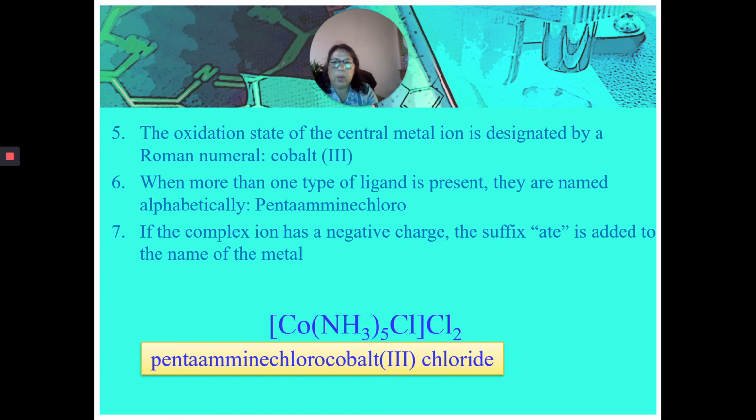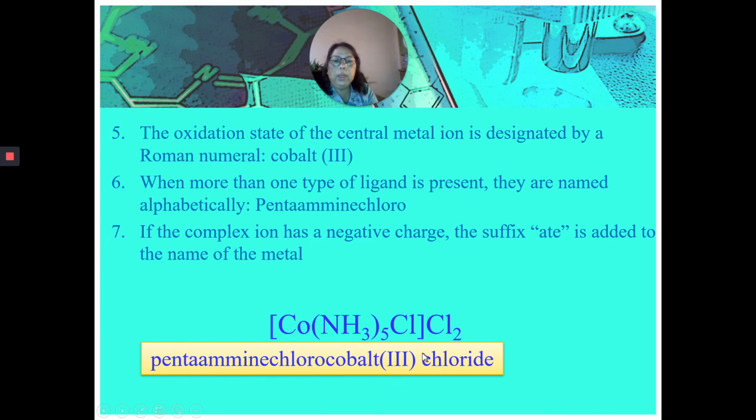Okay. So you have to write there the cobalt 3. So chloride. That is now your negative. So the name of this is pentaamine chlorocobalt chloride.